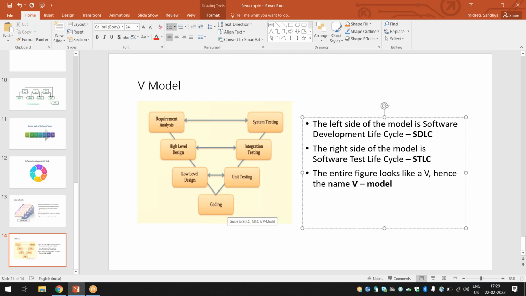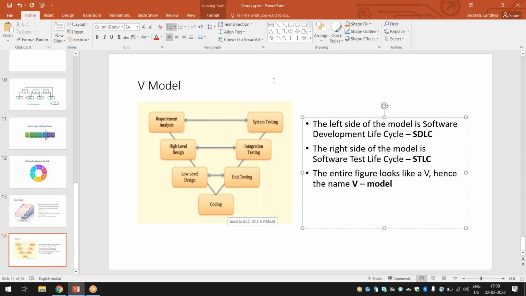So this model is entitled as the V model because this figure looks like a V, and also each and every phase is followed by a review, meaning verification. Whether we received one requirement document, and we are just verifying as per the discussion, as per the meeting, whether the discussed topics are mentioned in this document or not.